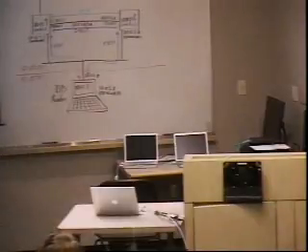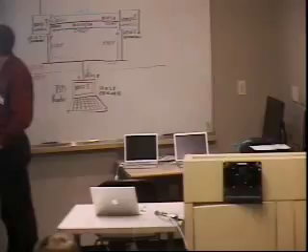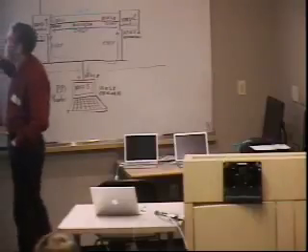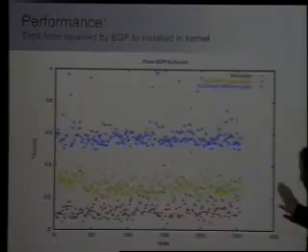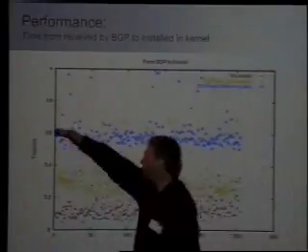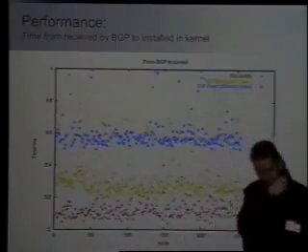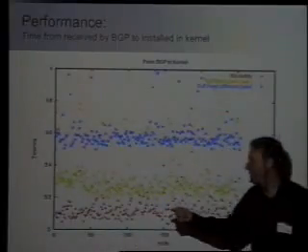So the x-axis here is the route number. The y-axis is how long it took in milliseconds for the route to come, from first being seen by BGP to actually being in the kernel.